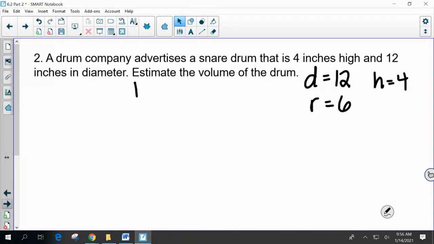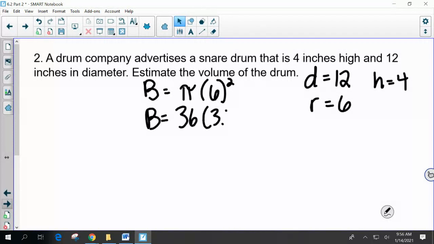So capital B equals pi times 6 squared. So 6 squared is 36. 36 times 3.14. 113.